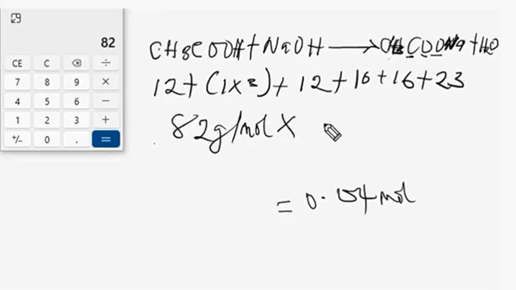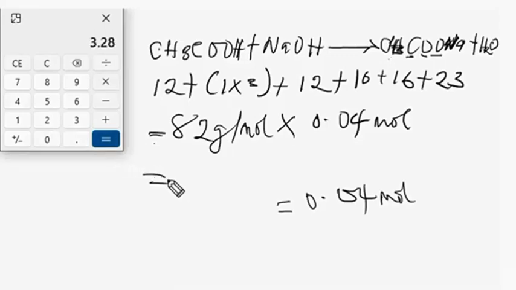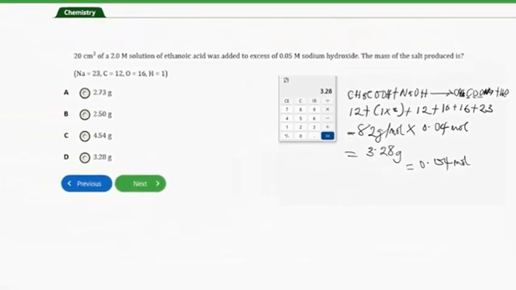We are going to multiply this by the number of moles, and that's 0.04 moles. So 82 grams per mole times 0.04 moles, that's 3.28. So guys, the answer to this question is 3.28 grams.